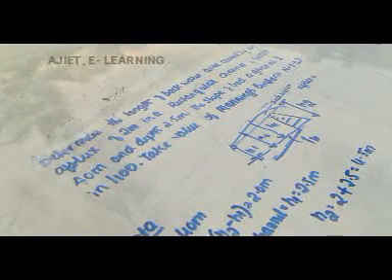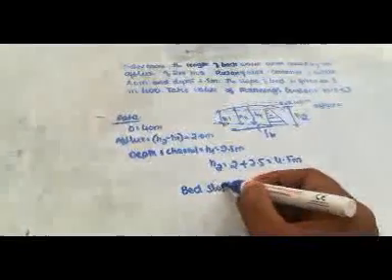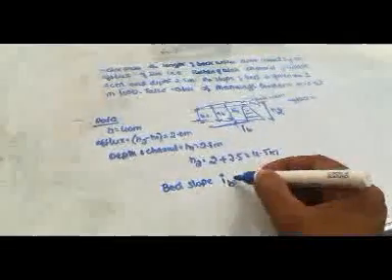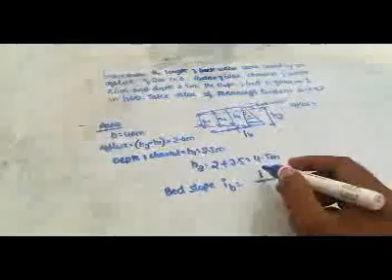These are the values given, and next the bed slope is also given, IB is equal to 1 divided by the bed slope.